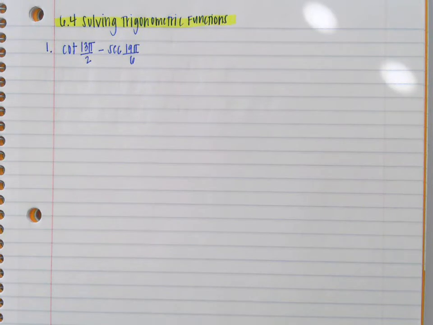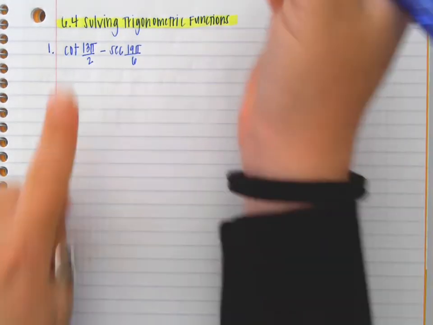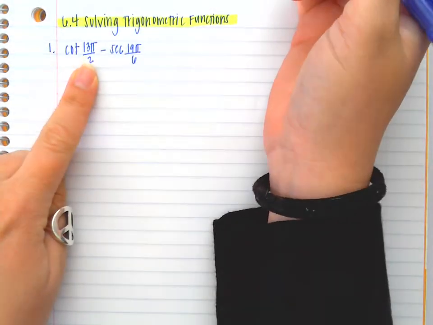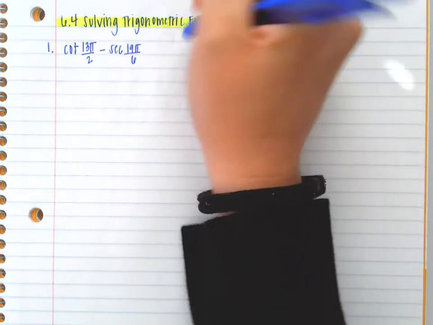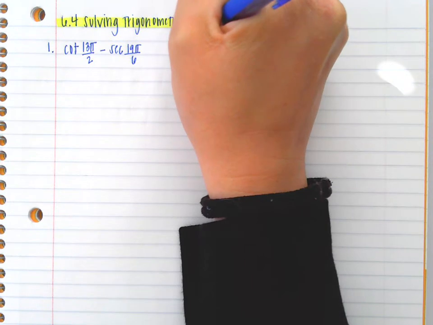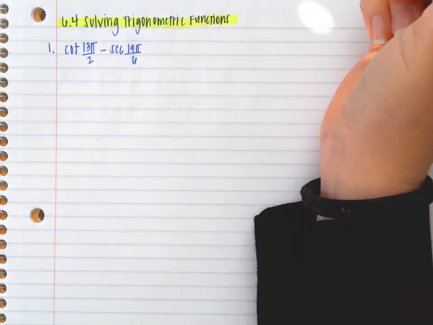Okay, so the first thing I do is my thought process over here. 13 pi over 2, I know that's way bigger than 2 pi. So the first thing I need to do is find my coterminal angle.